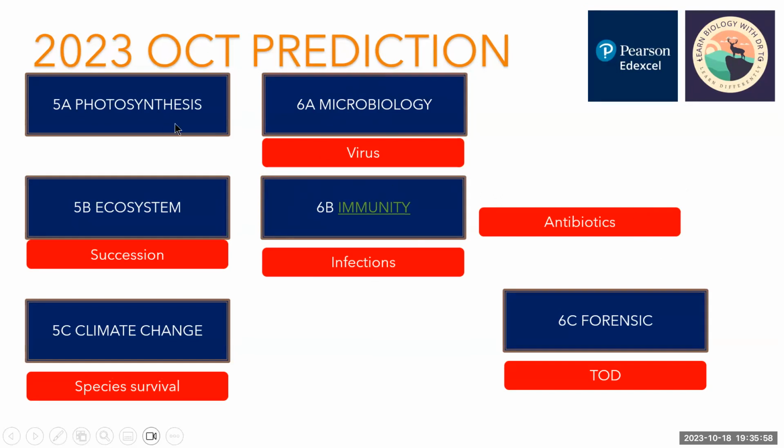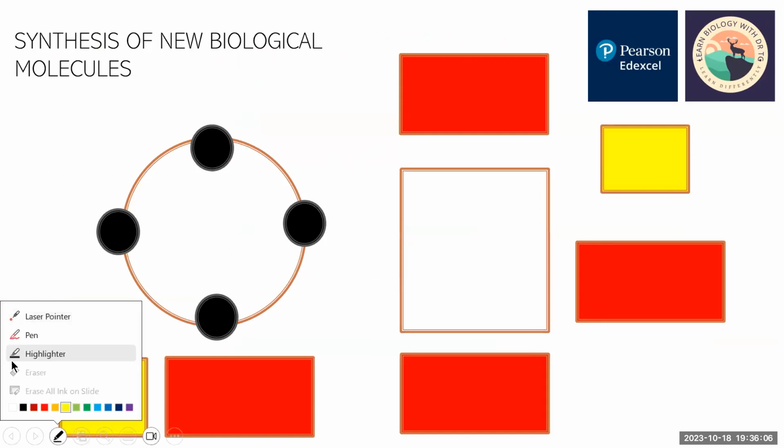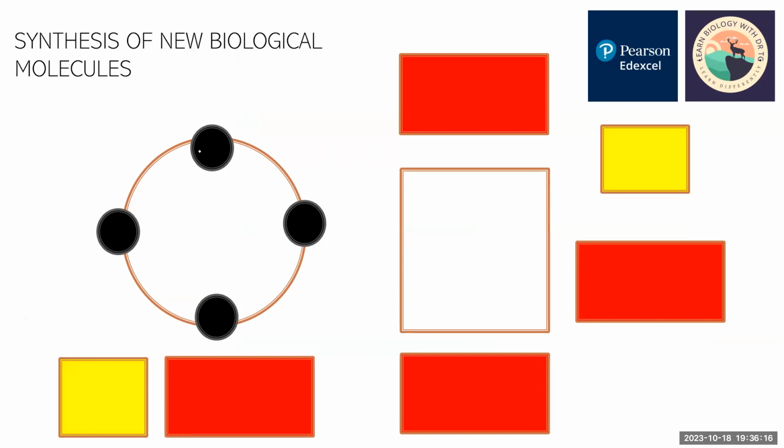Okay, another thing I should highlight here: if photosynthesis asks about the Calvin cycle, it is better we revise the Calvin cycle quickly. So here RuBP, and this is GP, and this is GALP, and this is a carbon 4 intermediate product.